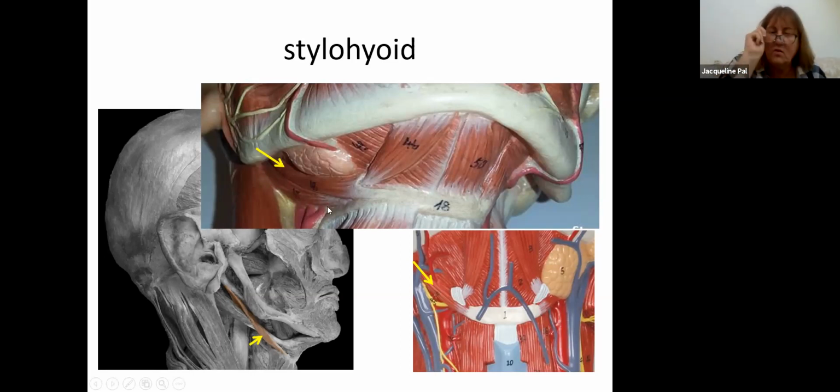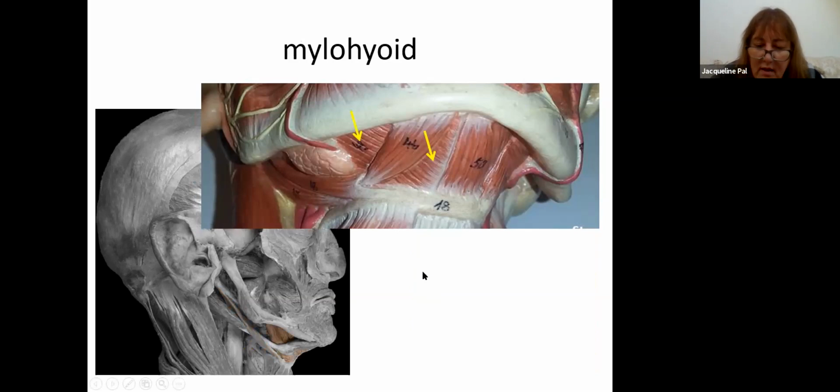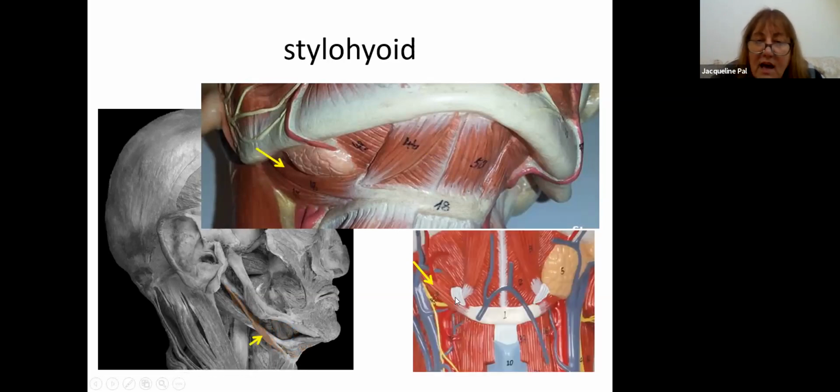Or going back to this model, here's the anterior belly of the digastric. You can see the beginning of the posterior belly right here, but then you can see most of the posterior belly is being covered by this other muscle where the yellow arrow is, and that muscle is the stylohyoid muscle.